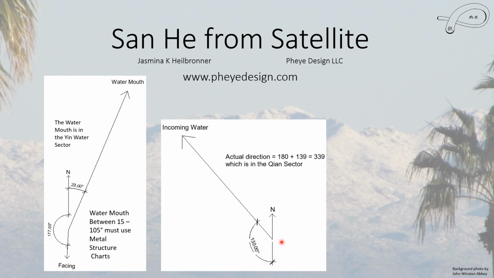If it's between the east and the south, it has to be between 90 and 180. Between south and west, it has to be 180 to 270. And between west and north, which is what we have here, it has to be between 270 and 360. So we can figure this out, and we know we're getting this right because it's in the right range. And sometimes that can be a little confusing, so this is another good check.